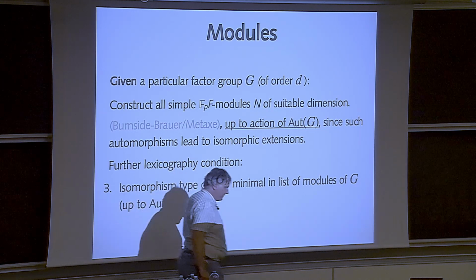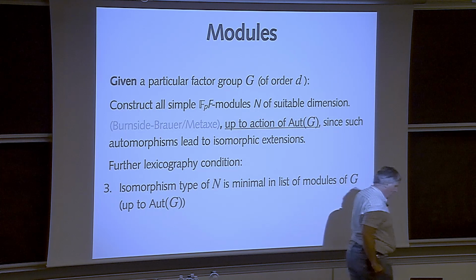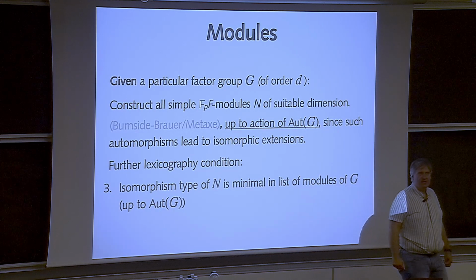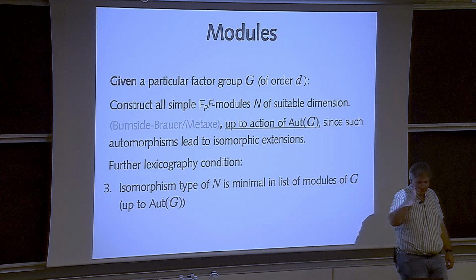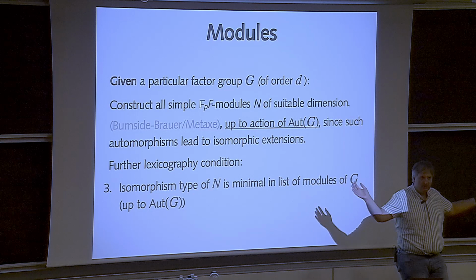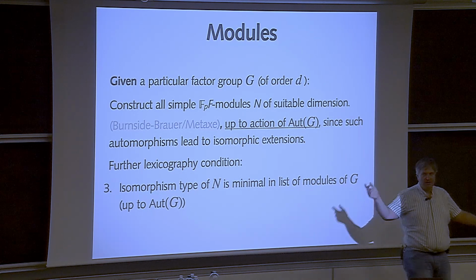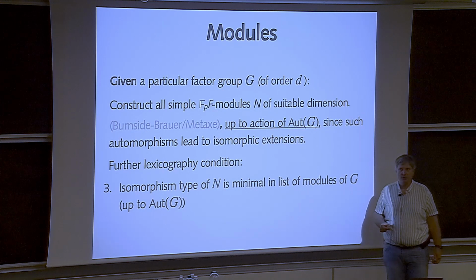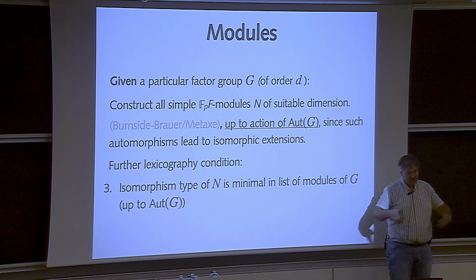This is using a theorem of Burnside in its variant by Brouwer for the modular case that just says if you have a faithful module and you tensor it up again and again with itself, every irreducible module will occur among these tensor products. So I start with one simple module, which I get, say, from a faithful permutation representation.